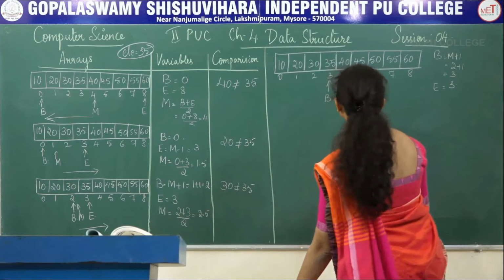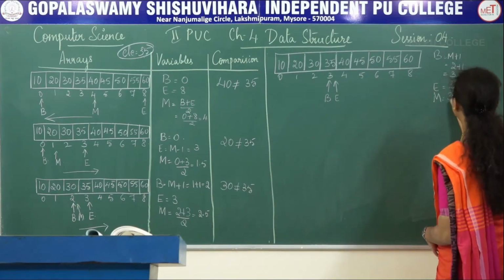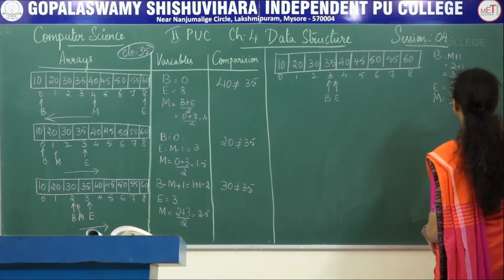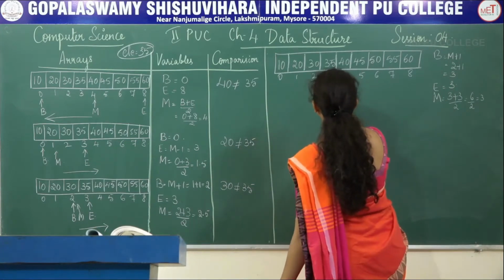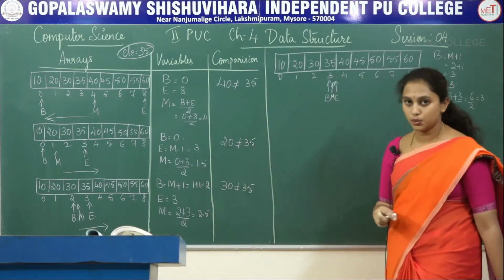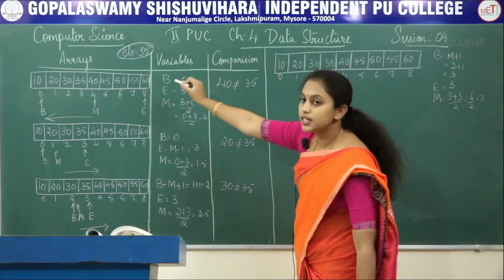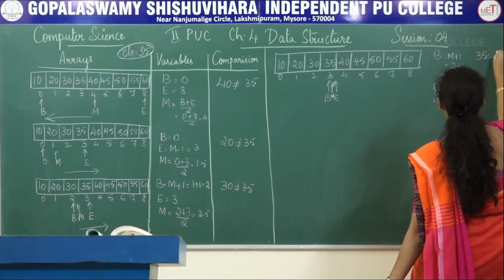So how to find the middle element? M is equal to 3 plus 3 by 2, that is 6 by 2, that is 3. So 3 is our middle position also. Compare the element with the search element. 35 is equal to 35.